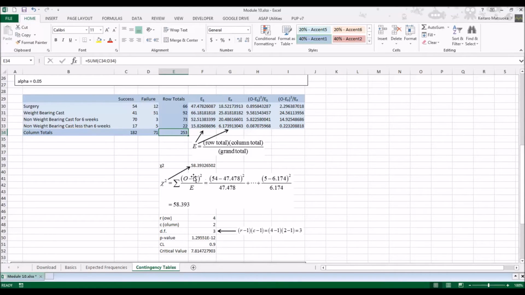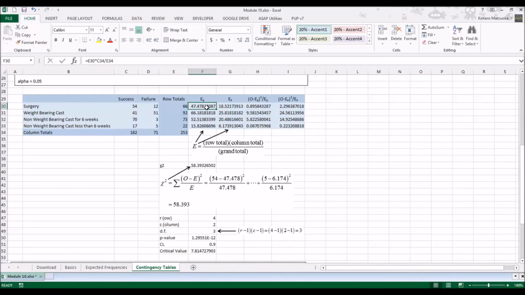So we want to get to the test statistic. And again, it's a summation of O minus E squared divided by E. The tricky part with the contingency table is that you have to do this calculation for every single cell separately. So for example, the E formula is row total multiplied by the column total divided by the grand total. So the grand total part doesn't change, but for each cell, the row total or column total changes.